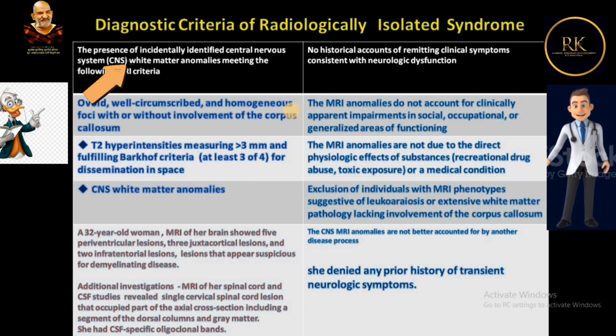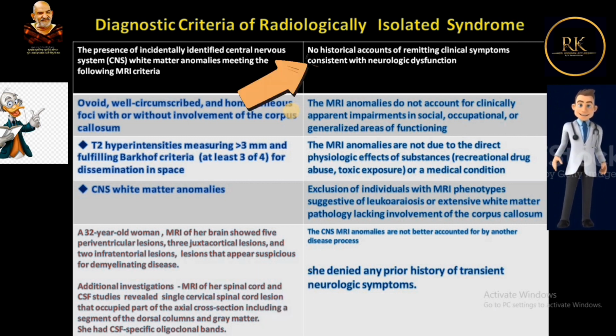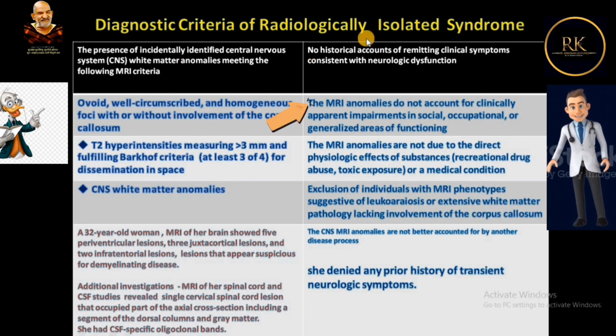This patient fulfilled the first criterion, and she denies any prior history of transient neurological dysfunctions, and no historical account of remitting clinical symptoms consistent with neurological dysfunction could be elicited in this patient. MRI anomalies do not account for clinical impairments.